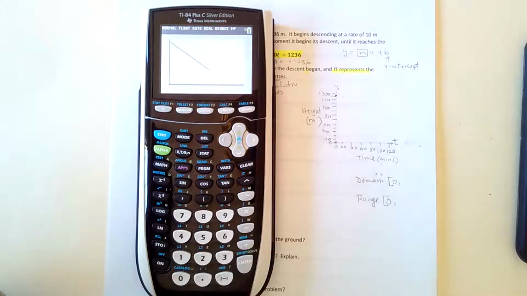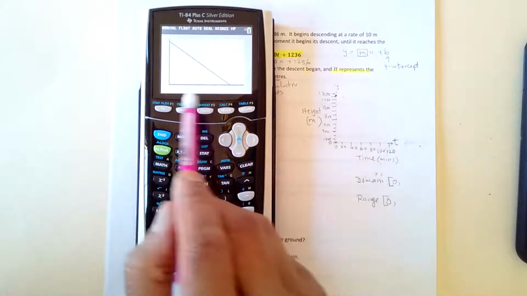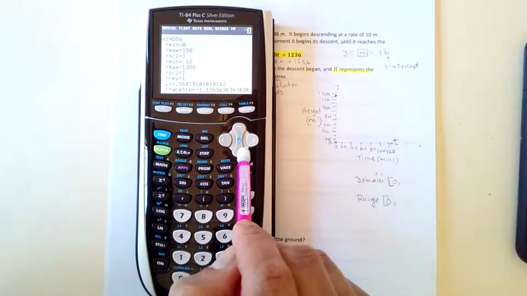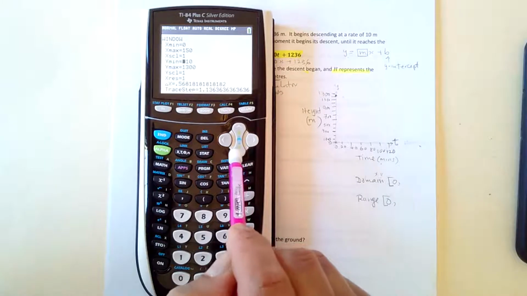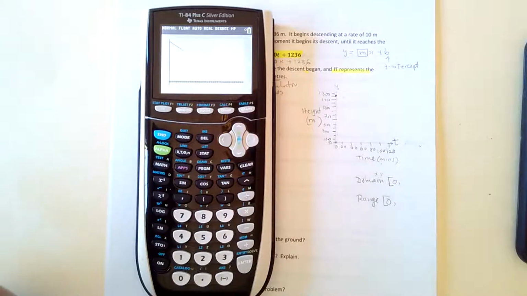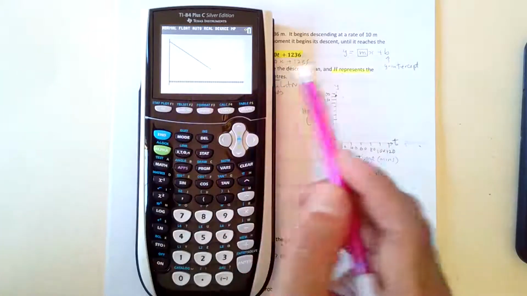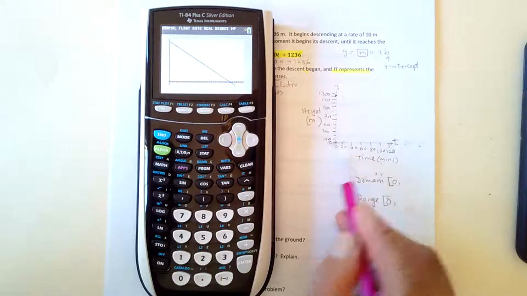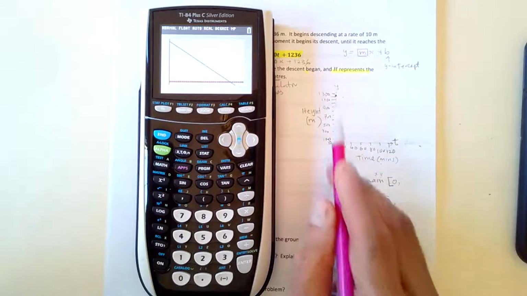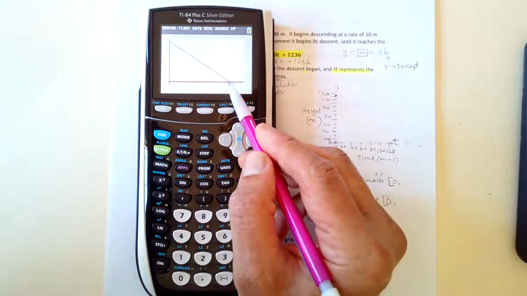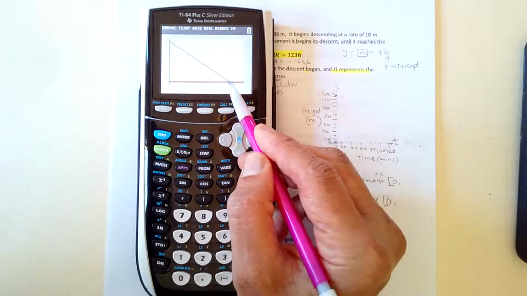If you're not happy with that, you can go back and maybe use negative 100, and that will probably give you a bit more detail. Although we do not want to go below 0 on the y-axis, but just to show you. Now I need to find where it crosses the x-axis, or the x-intercept.